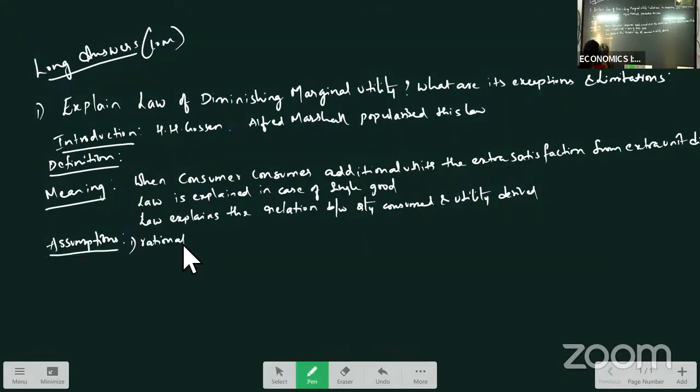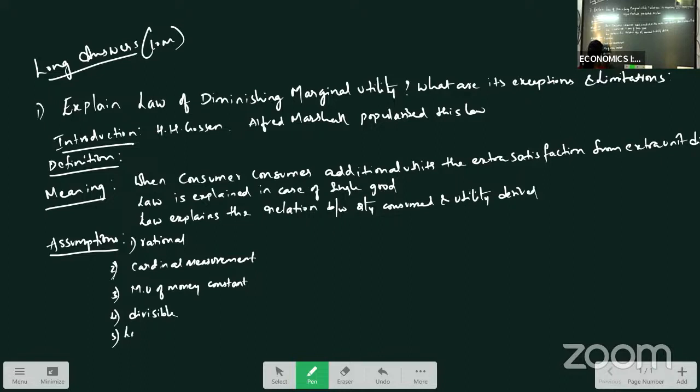So what are all the assumptions of the law of diminishing marginal utility? Consumer is rational, right? Indivisible units? No, we assume that units are divisible here. Consumer is rational, then cardinal measurement of utility is possible, and also we assume that marginal utility of money remains constant, and we assume that units are divisible.